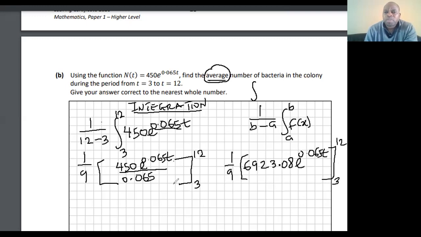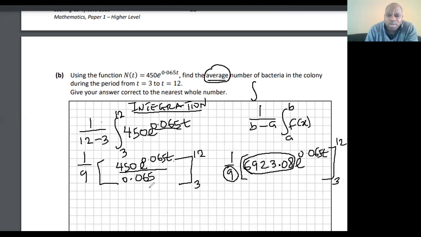Then you can go further by taking this 6,923.08 out and dividing it by 9. We can divide this guy by this 9.